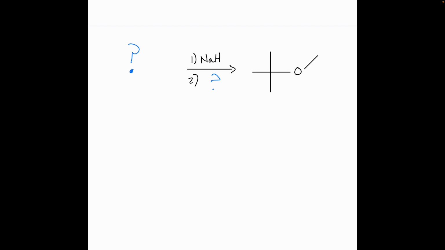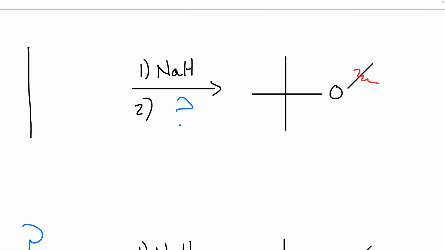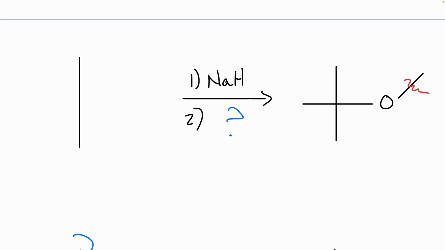All right, so there's two possibilities here. I can either say, I'm going to break this right here. That means that my alcohol would be that bigger fragment, the tert-butanol, and my alkyl halide would be this methyl halogen here.